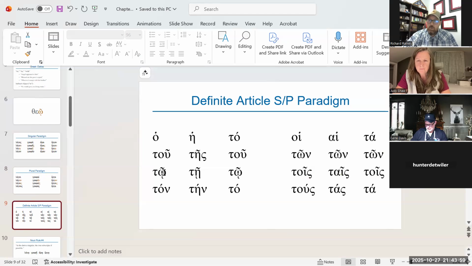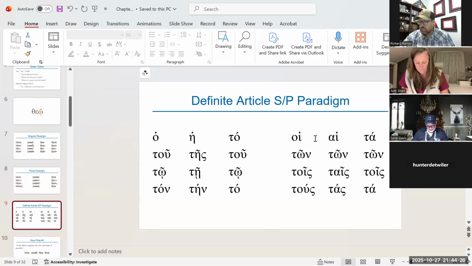To logo would be to, in, or with the word. These are all of the different forms of the definite article.